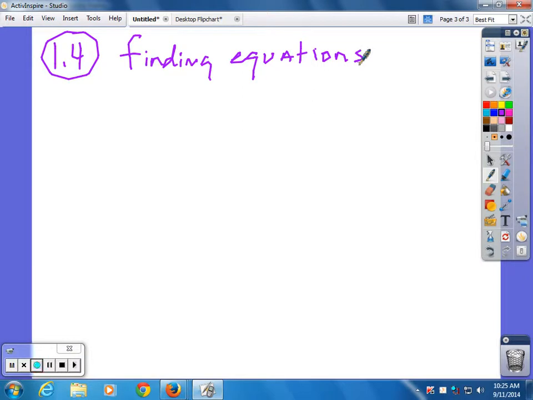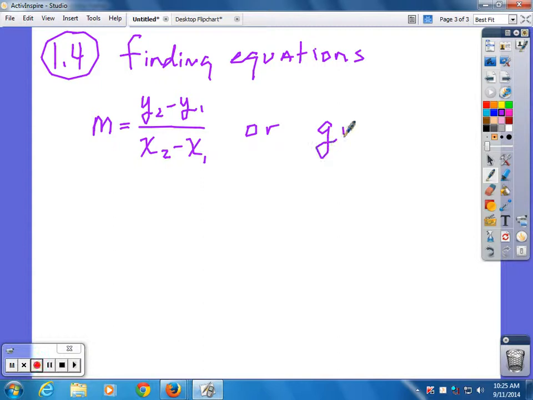You have to have a slope, in other words, you have to be either given a slope or you have to find the slope. And you have to have the point-slope equation.